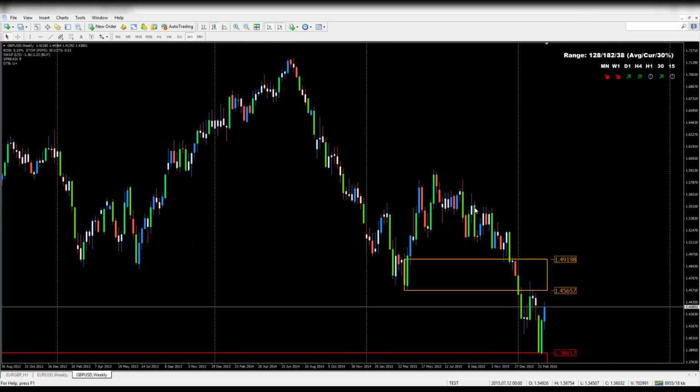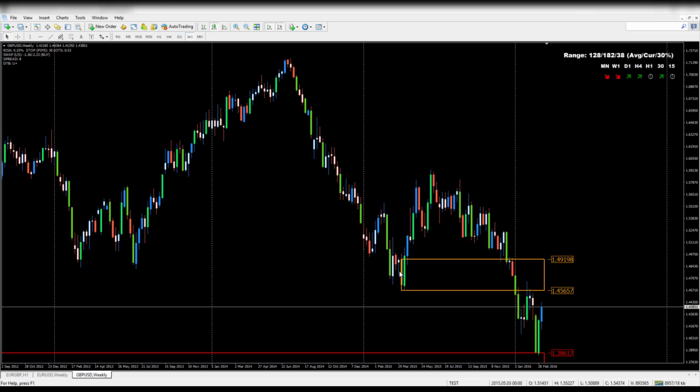Okay, oops. This area here that has now been consumed by something in here. So you can see that the first test was from here. This area of supply came down, and then the whole area was taken out by this little continuation pattern here. So we can remove this, and we'll move it.